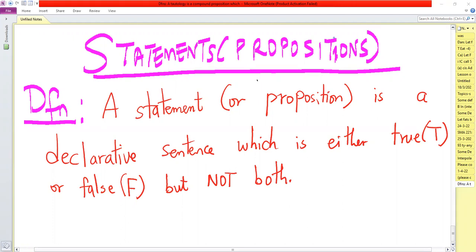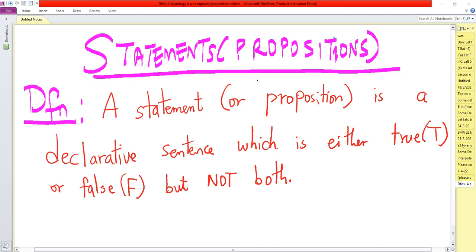So in this session, we discuss propositions, or what we call statements in logic. A statement or a proposition is a declarative sentence which is either true or false, but not both.